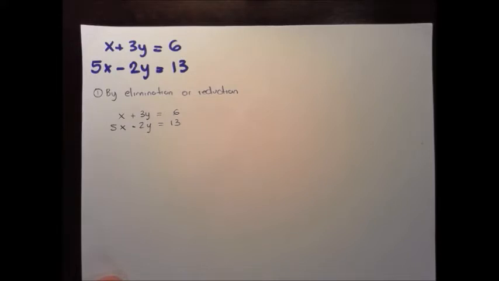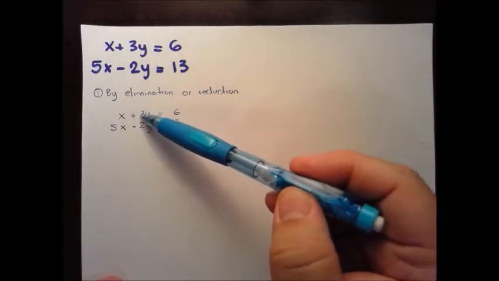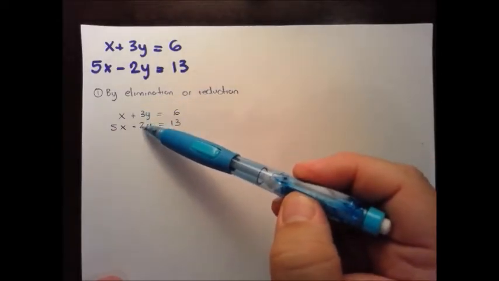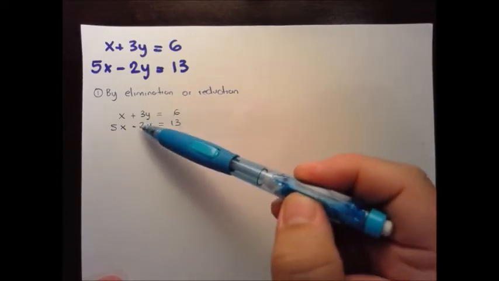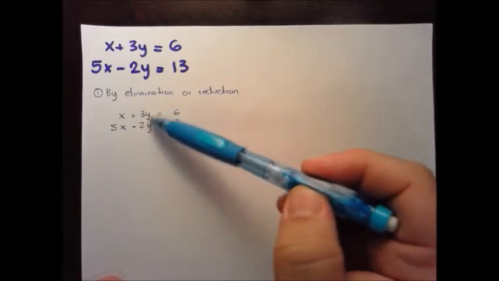The second option is, if you cannot do it, what about multiplying one equation so that you get the variable with the same number but with a different sign? Can you multiply 3 by something and get 2? The answer is no. Can you multiply 2 by something and get 3? The answer is no. So we cannot work with this part.